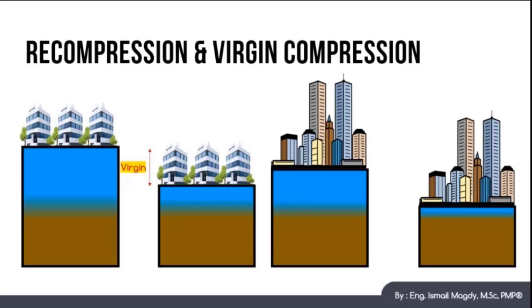So that range will be called the recompression range. While in the range between 50 and 100 kilopascal, the soil consolidation rate will be higher, because this is the range of virgin compression, since the soil has never experienced a stress higher than 50 kilopascal before.